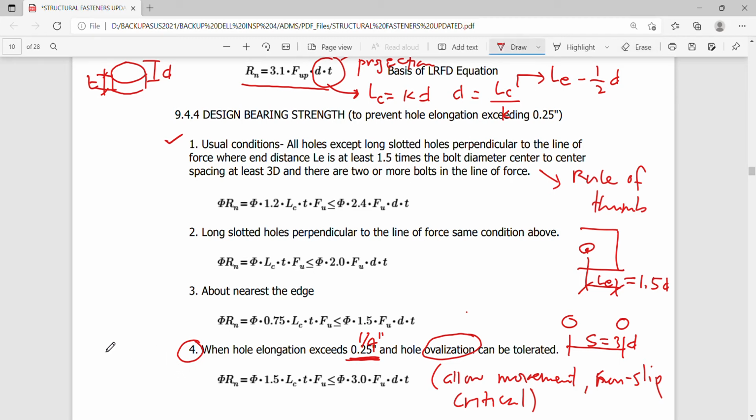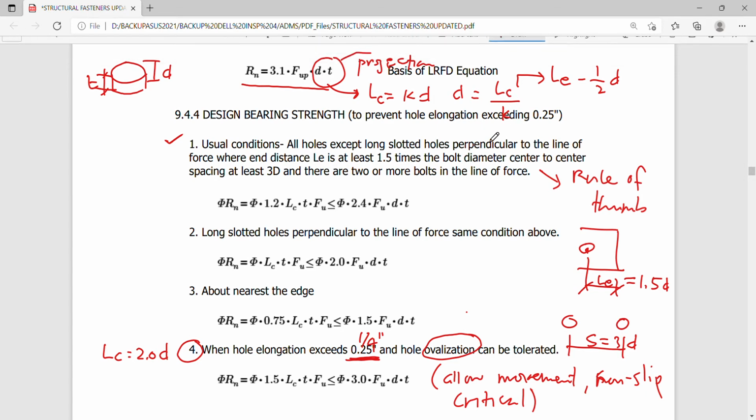So if my LC here is simply equivalent to 2 times the diameter D, and I substitute in terms of LC over K, I can now compute the K value.